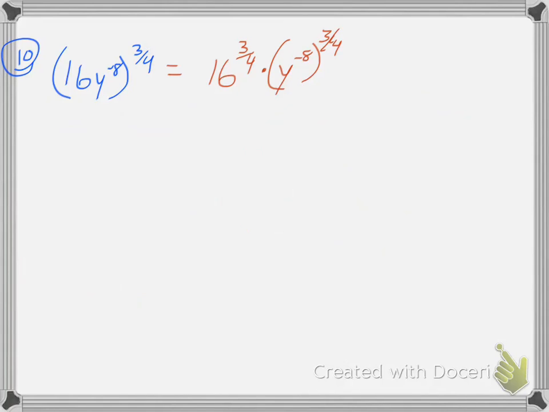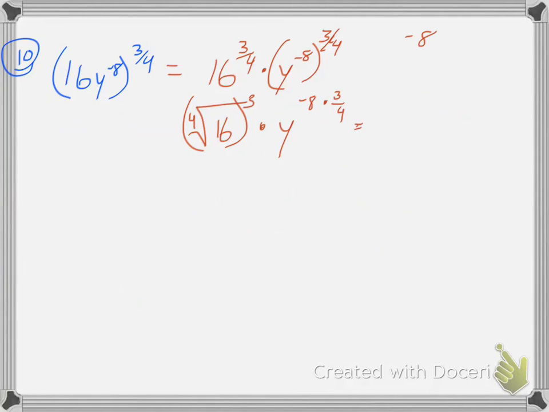So 16 raised to the 3/4, I can simplify that if I change it to radical form. That's the 4th root of 16 cubed. And what I do with these two exponents, power to a power, I'm going to multiply, and that's -8 times 3/4.